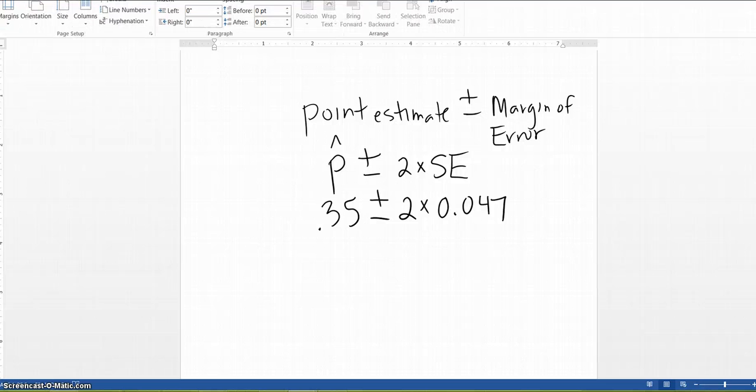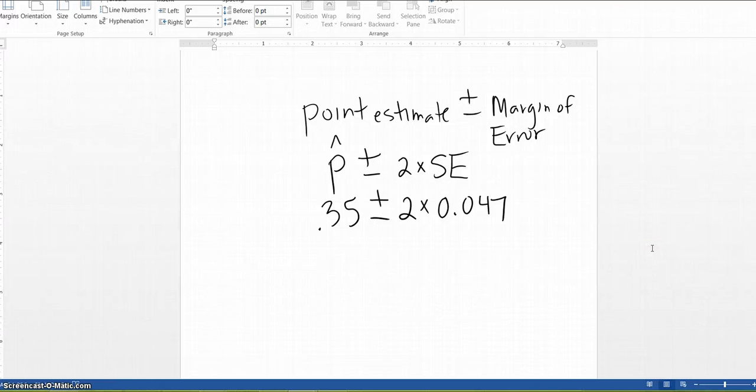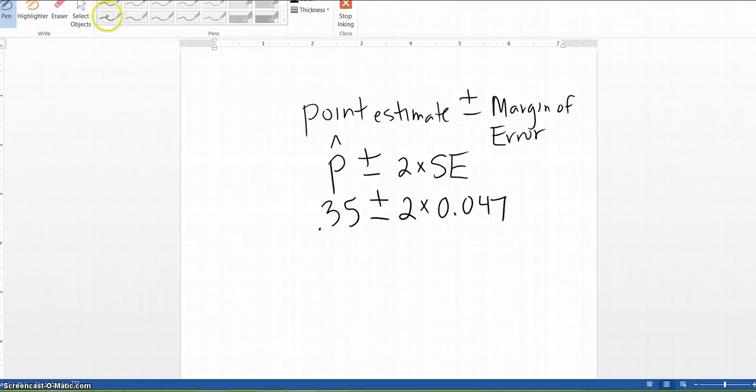So if we take 0.35 minus 2 times 0.047, that gives us a lower limit of 0.256.